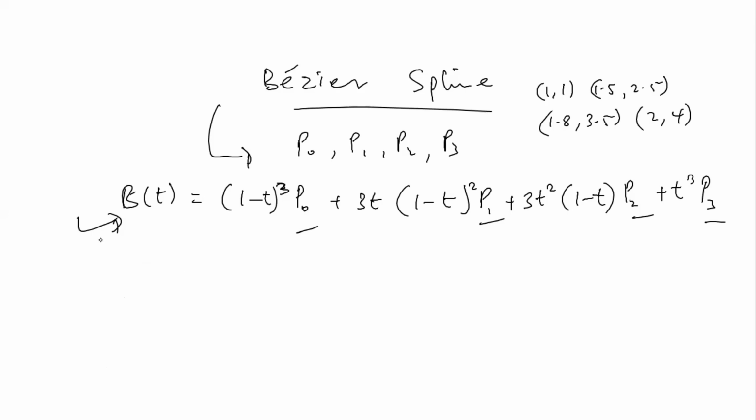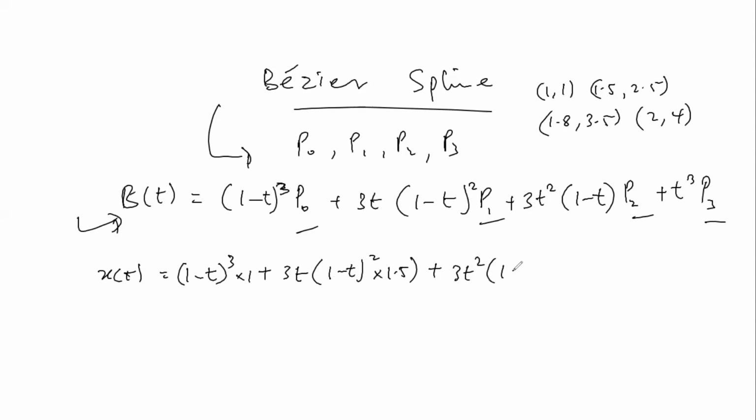So say for my X(t), I'm going to have (1 minus t) cubed times 1, plus 3t (1 minus t) squared times 1.5, then plus 3t squared (1 minus t) times 1.8, plus t cubed times P3, which is 2.